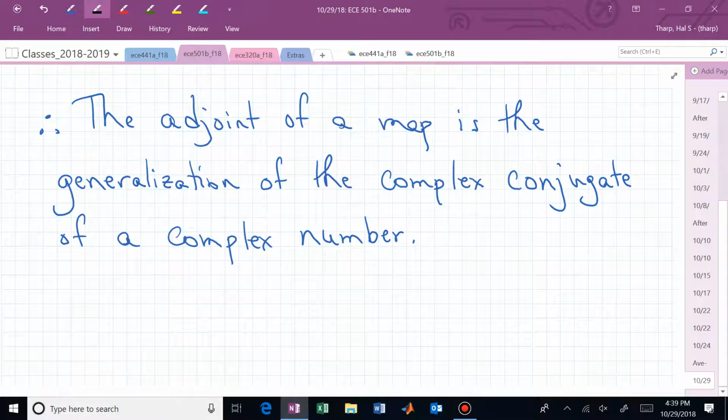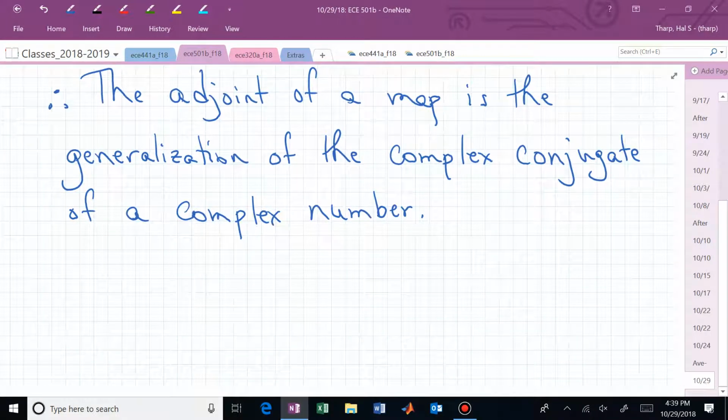So now if you're thinking about a linear map being a complex number, the adjoint of that linear map you can think about as being the complex conjugate of the original complex number. And now that might generalize to higher dimensions. Or if somebody says, oh, I have a linear map and I'm thinking about its adjoint, you can start by just saying, oh, give me a complex number, then the adjoint is like the complex conjugate of that complex number.